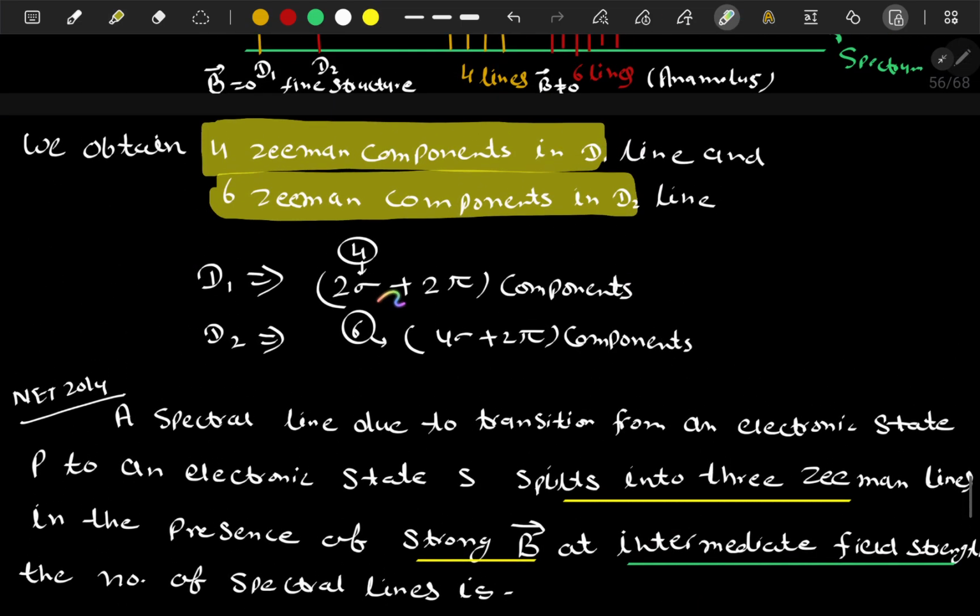So we can say in D1 there are 2 sigma and 2 pi components, 4 in total, and in D2 the 6 components have 4 sigma and 2 pi.